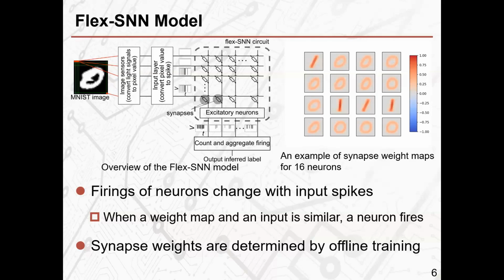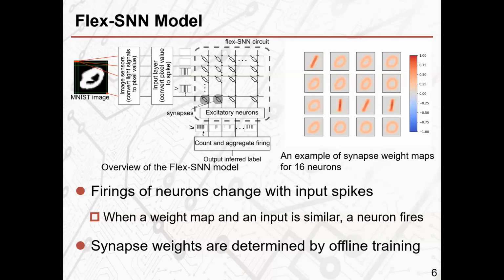And the weights of these synapse matrices are shown in the right side figures. These figures show the weight maps for classifying the MNIST 0 and 1 data images, each with 16 excitatory neurons, and each picture is connected to a different excitatory neuron.